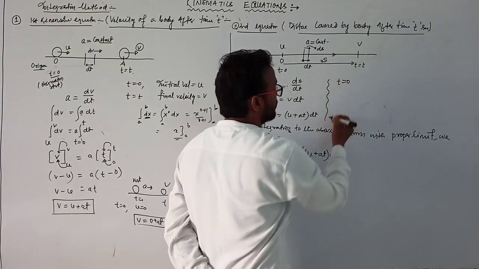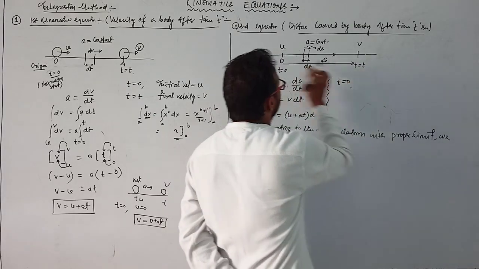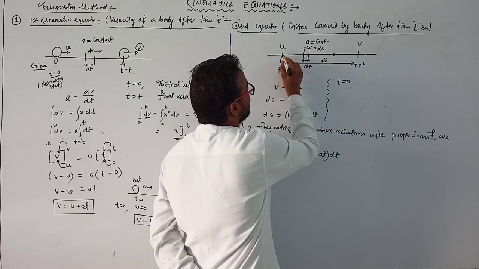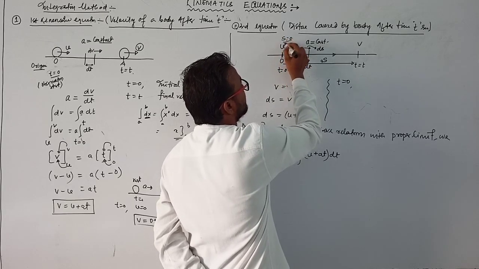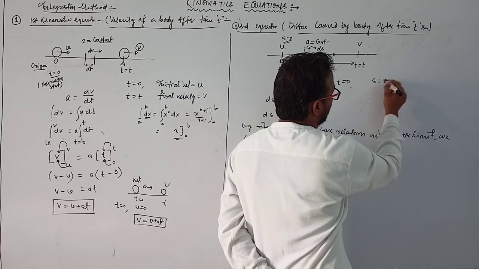When time t equal to 0, what is the initial displacement? Time t equal to 0 is the origin, and here the initial displacement s equal to 0. Clear?